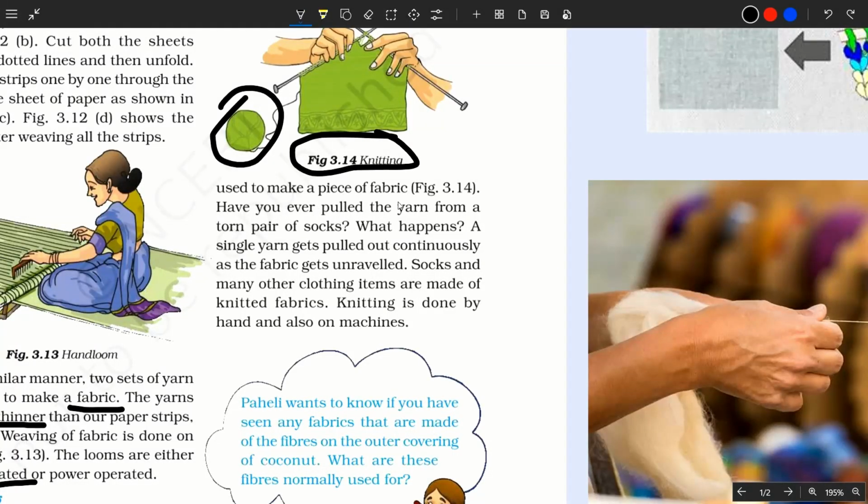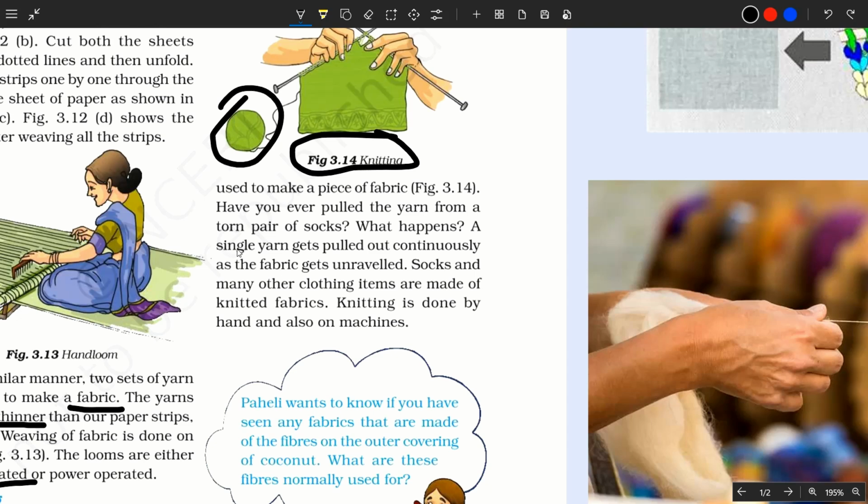Next, have you ever pulled the yarn from a torn pair of socks? Just try it with your old socks. Take a sock, then at the corner part, you pull the thread. What happens?